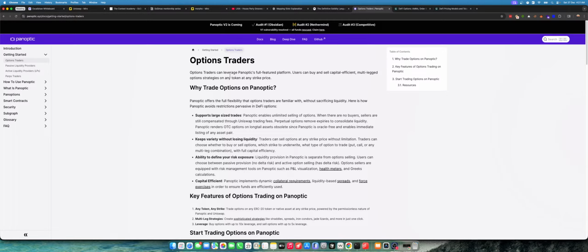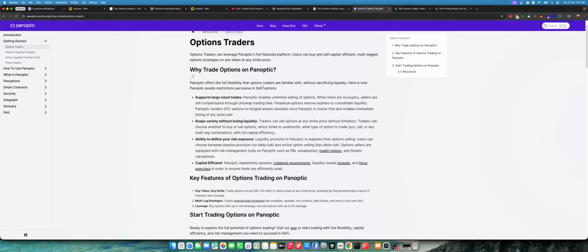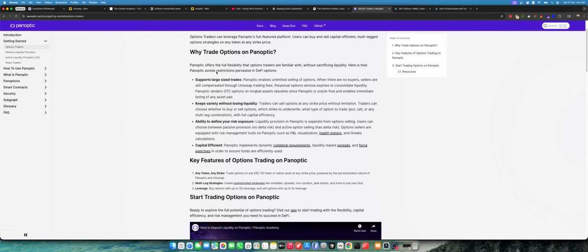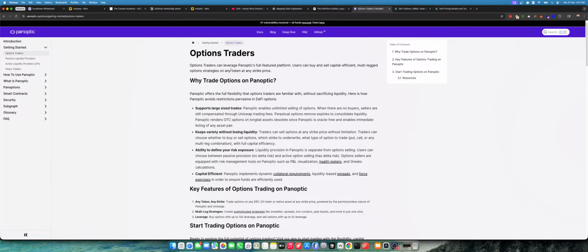Option traders. Cool. Option traders can leverage Panoptic's full featured platform; users can buy and sell capital efficient multi-leg option strategies on any token.